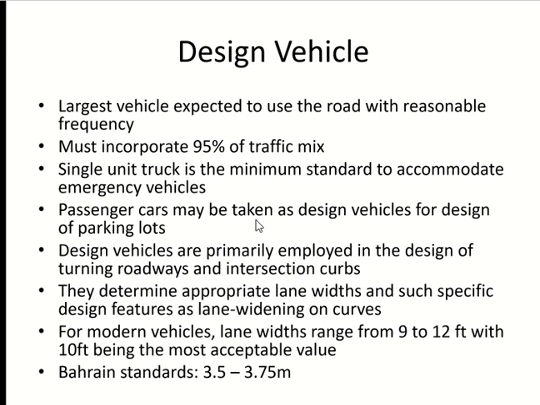And how much can we ignore? We should try to cover 95% of the traffic. So anything which covers 95%, I will take it. Anything more than 95%, I can ignore if the other 95% are covered. For example, I have two trucks. One of them is expected 6% of the time. Another one is expected 1% of the time.